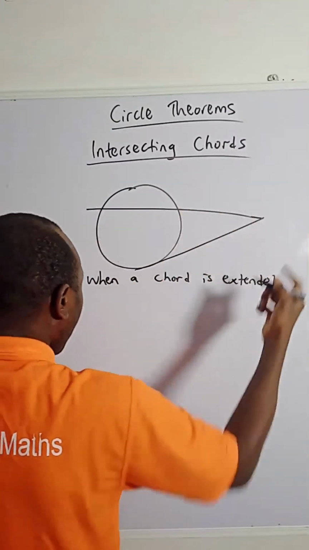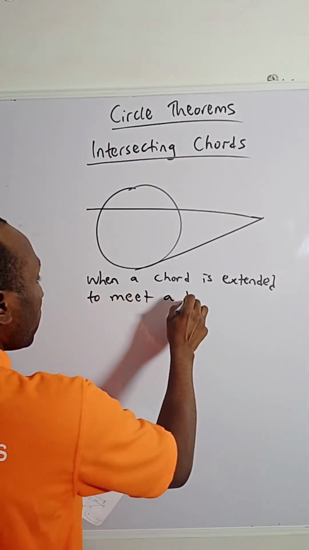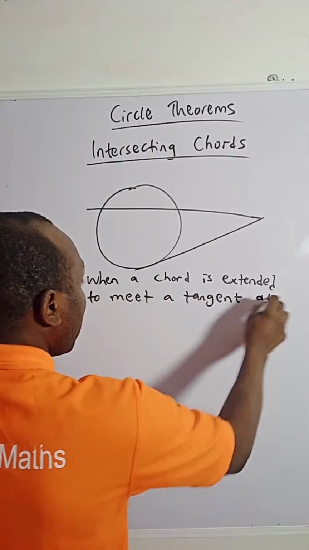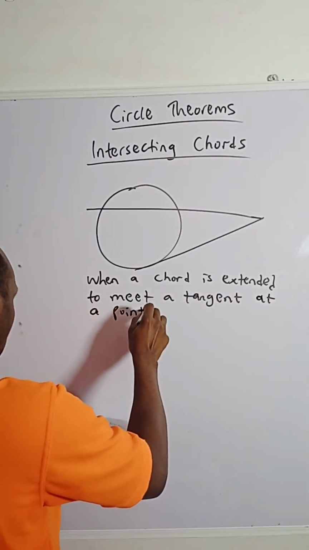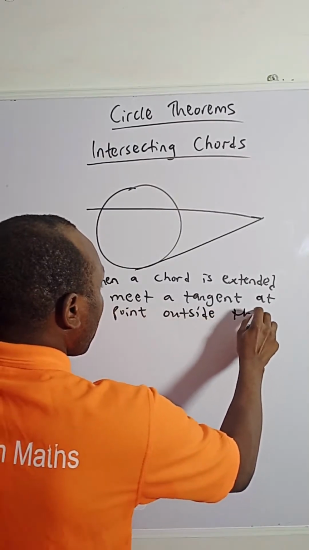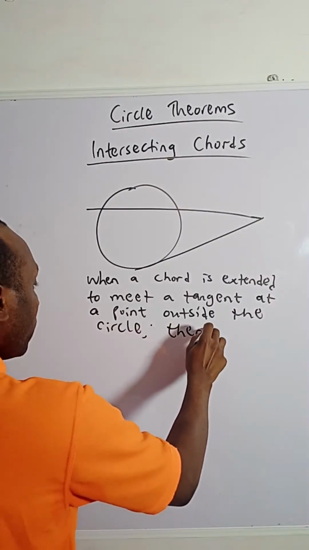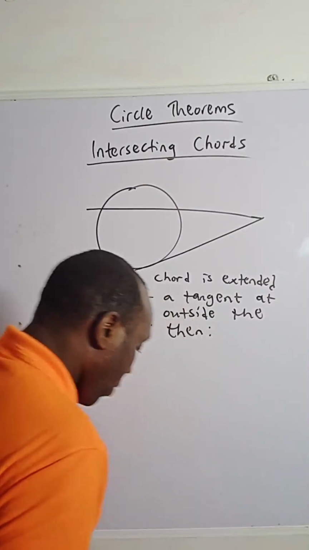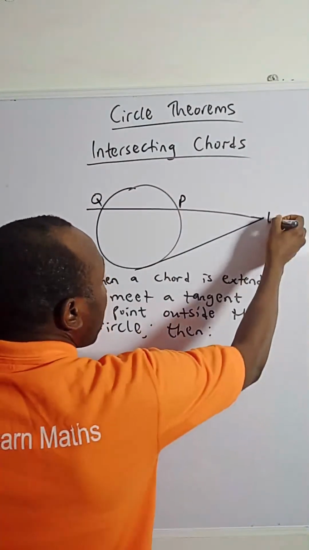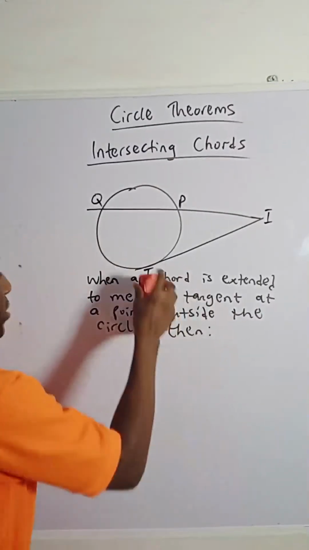When a chord is extended to meet a tangent at a point outside the circle, then I want to write something here. I'll write Q here, write P, let's write I here, and let's write T here. Let me write it here clearly.